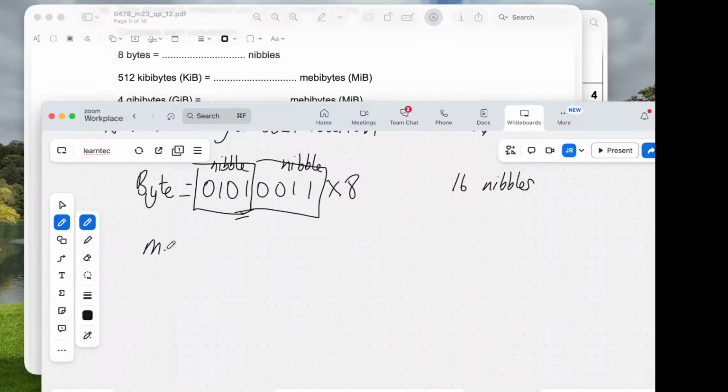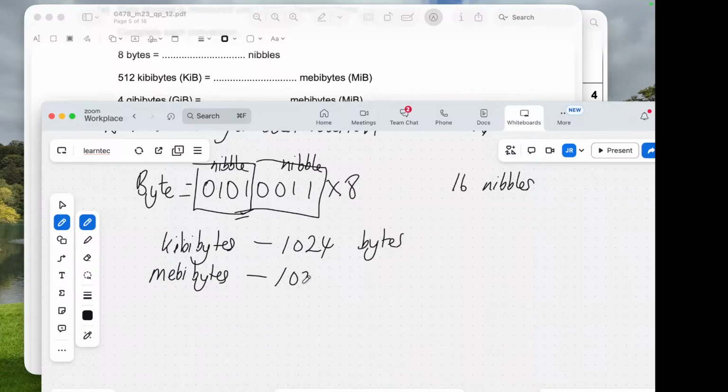So we've got kilobytes first, and kilobytes are basically 1024 bytes. Then we've got megabytes, and that is basically 1024 kilobytes.